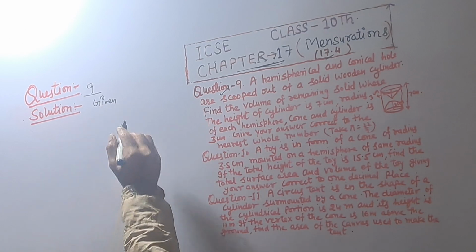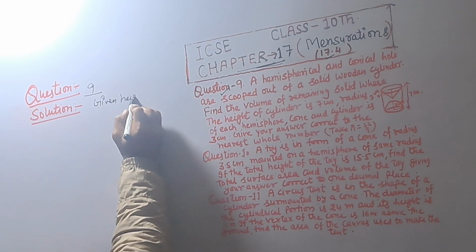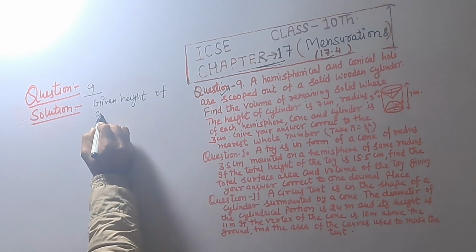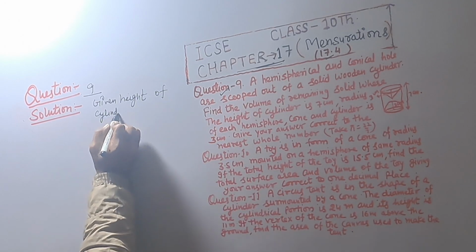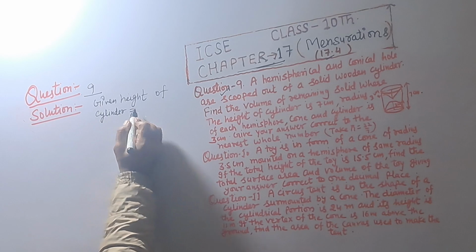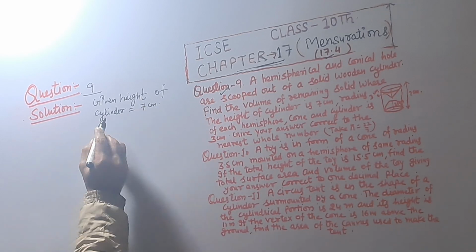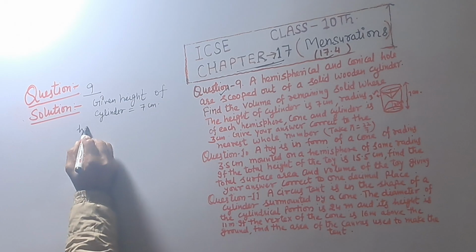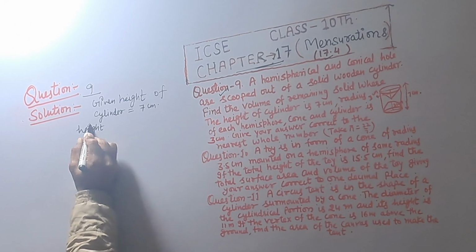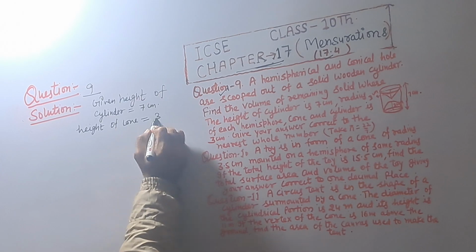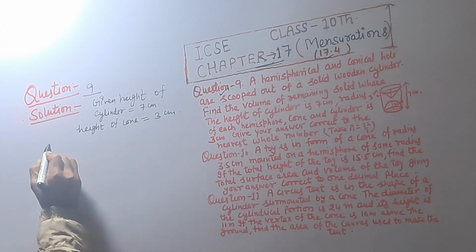Given: height of cylinder equal to 7 centimeter. Height of cone is equal to 3 centimeter.